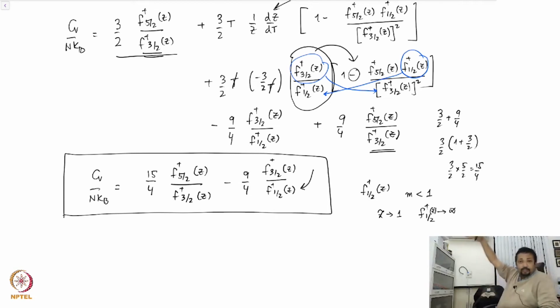So as you keep on decreasing the temperature, the denominator blows up, so the second term starts contributing less and less until at Tc this vanishes completely.